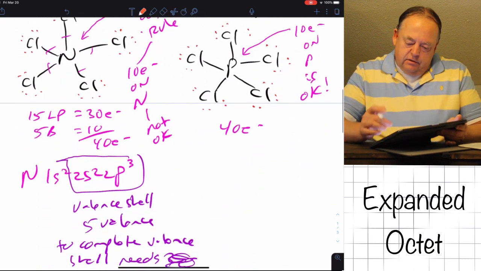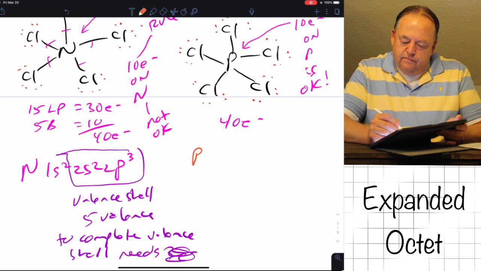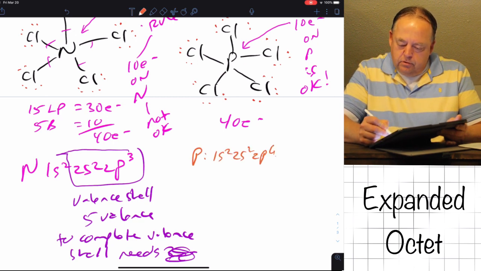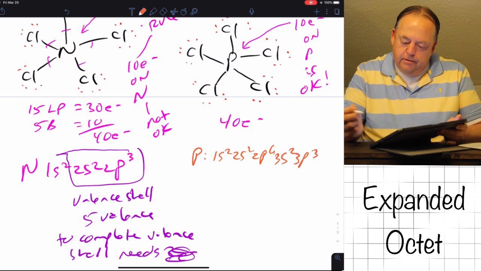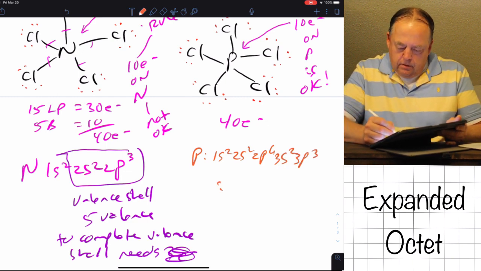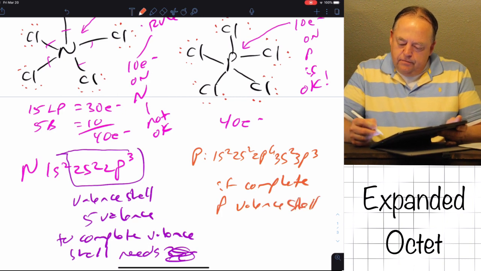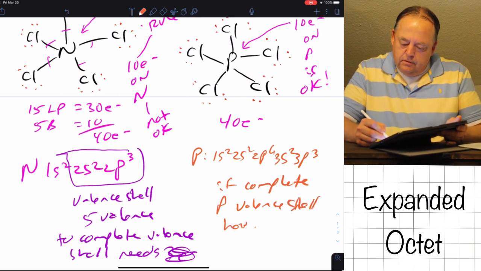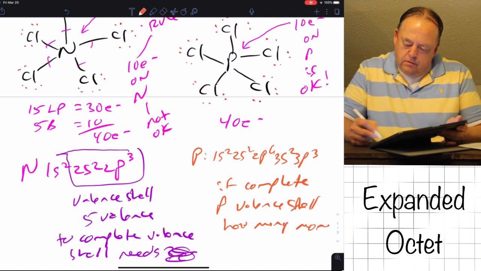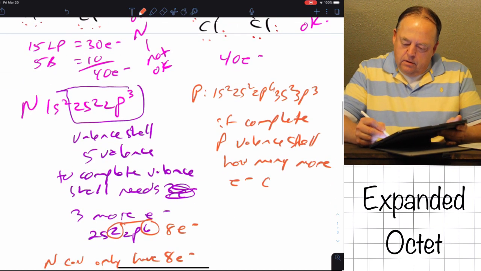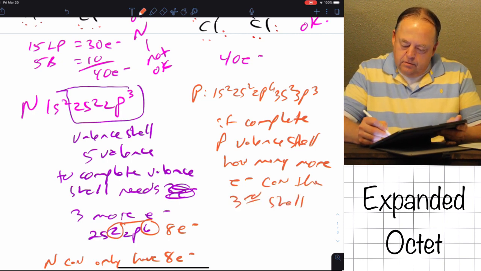So phosphorus's electron configuration is 1s2, 2s2, 2p6, 3s2, 3p3. So if we complete phosphorus's valence shell, how many more electrons can the third shell hold?